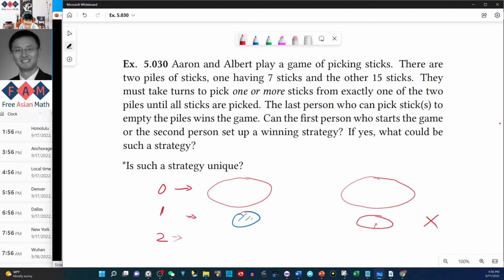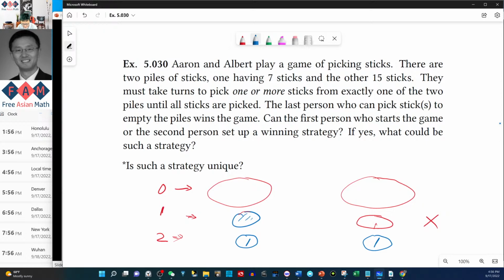So that means that when this guy is picking, he must face a situation where both piles are non-empty, and not just that, both piles must have exactly one stick. Think about it. Exactly one stick.